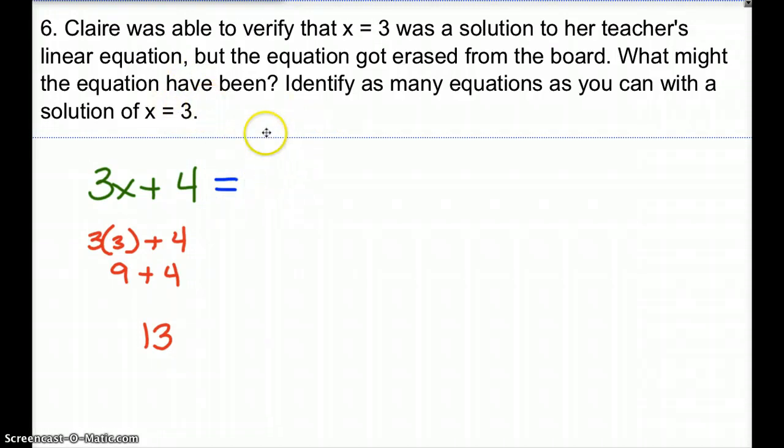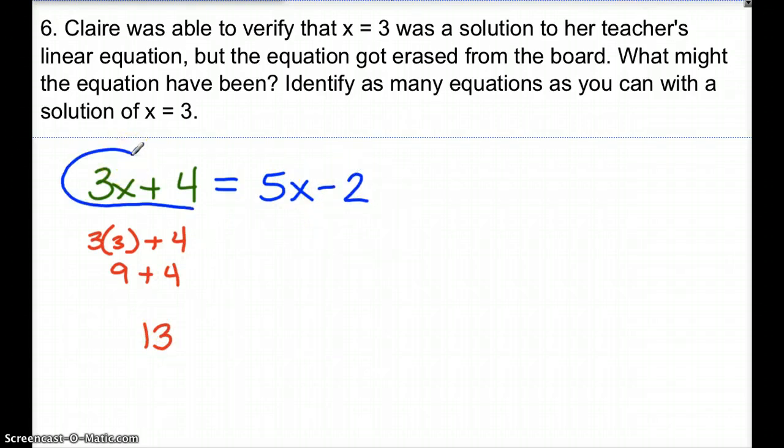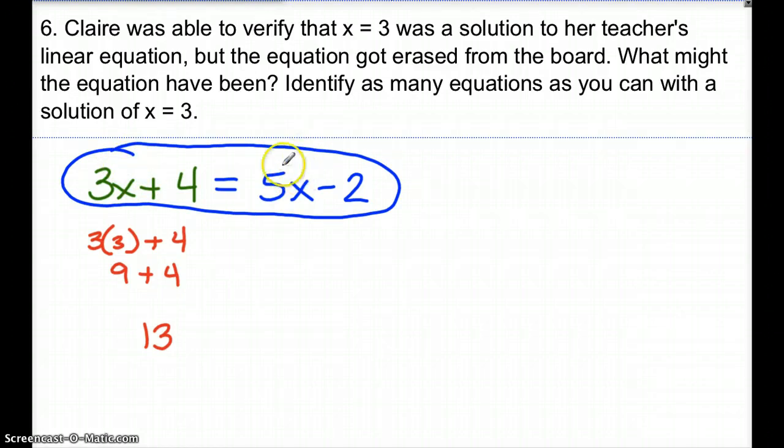So let's say I choose 5x. Well, I know if I plug 3 in right here, that would make 15. And to get back down to 13, I would have to subtract 2.